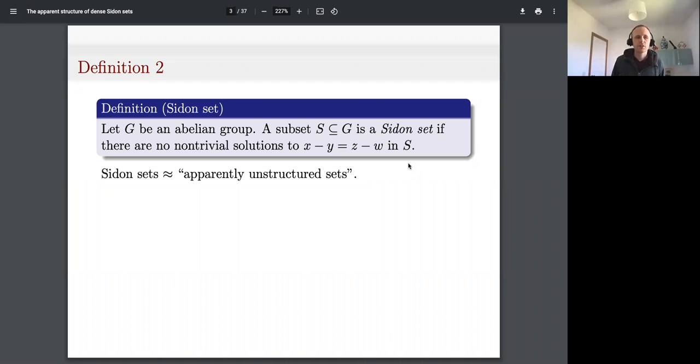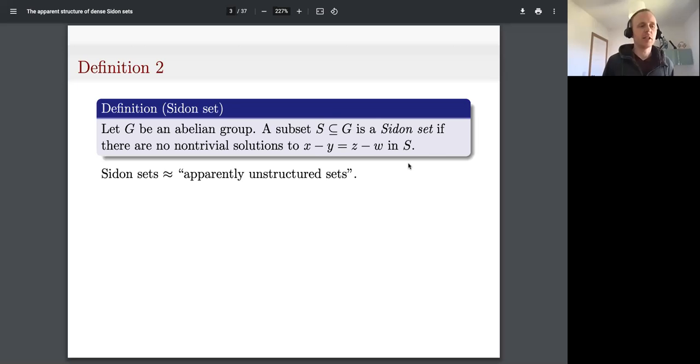So why are Sidon sets interesting? Well, Sidon was interested in them because of Fourier analysis, essentially. But I think the reason why they're still interesting after 60, 80 years or whatever it was is that the notion of an additive quadruple in additive combinatorics is very central.